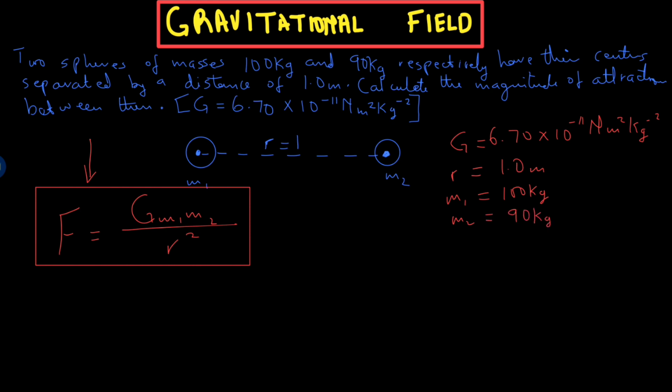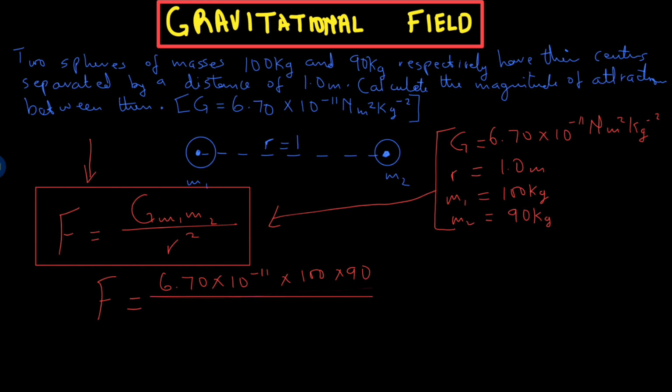Now all we have to do is substitute these values into the equation. That's 6.70 times 10 to the power minus 11 times 100 times 90 divided by 1 squared. This gives 6.03 times 10 raised to the power minus 7 Newton.